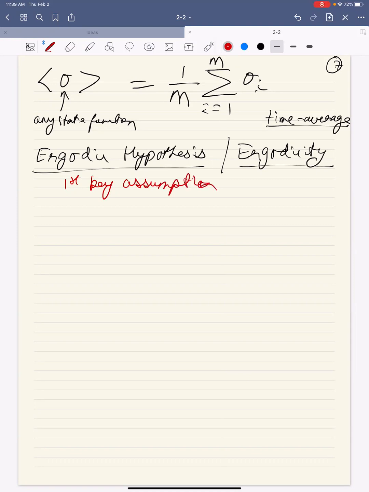There exists this equilibrium state, which depends on 3 variables. Then we said there exists a state function which characterizes them, right? All those things. Here, this is the first assumption we are making. So far, we have not made any assumption, but now we are making one, which is that time average is equal to ensemble average.